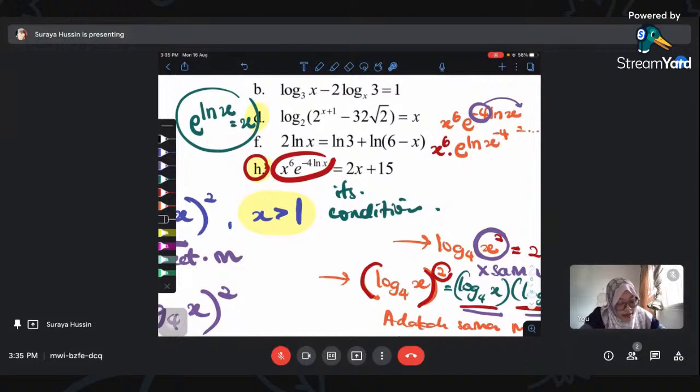It is the same with this. When exponent meets the power ln, it disappears. The answer is x to the power 6 times x to the power negative 4 only. So the exponent and ln disappear, leaving only this. Then you can easily finish finding the value of x. Is it clear, everybody? Is it clear that you must remember this?